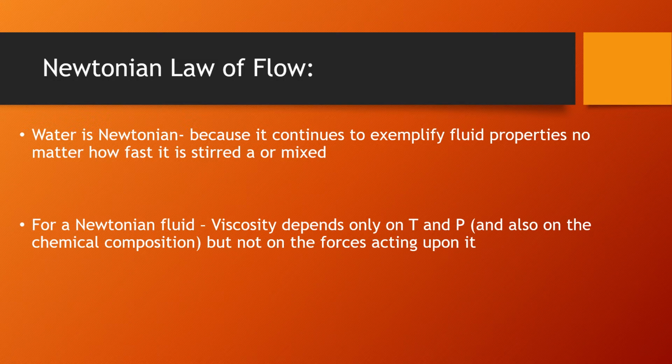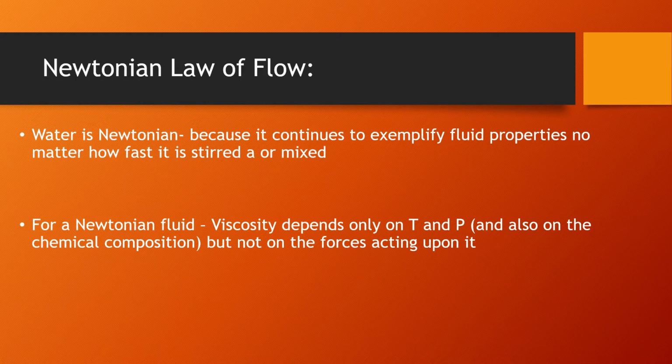Water is a Newtonian fluid because it continues to exemplify fluid properties no matter how fast it is stirred or mixed. So water is called a Newtonian fluid because it shows all the properties no matter how fast it is being deformed or stirred.